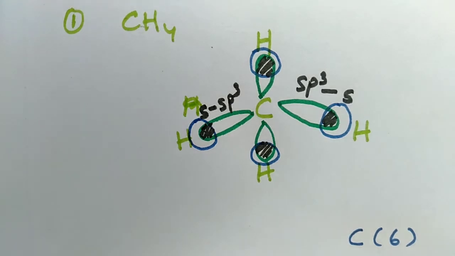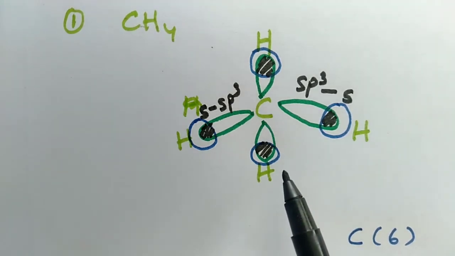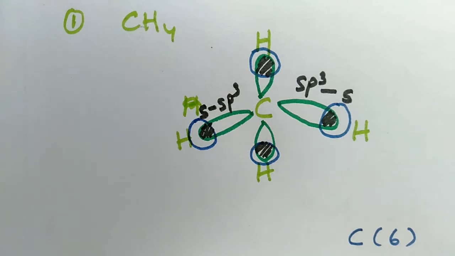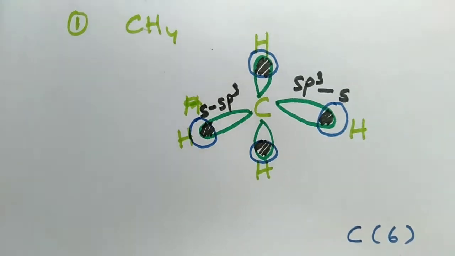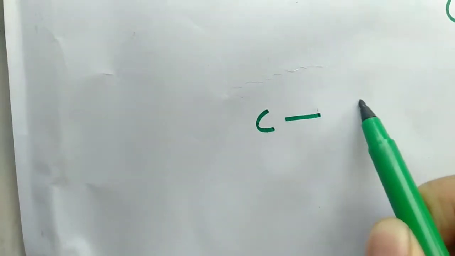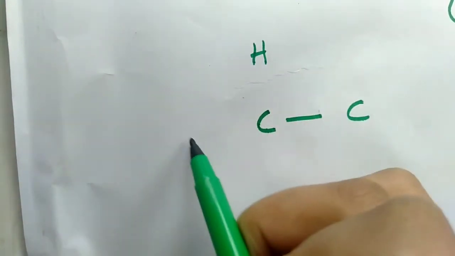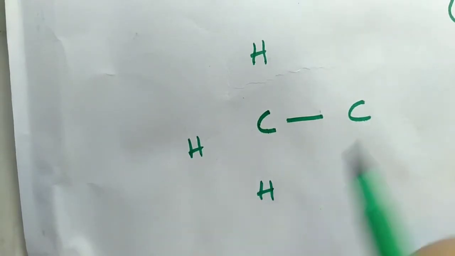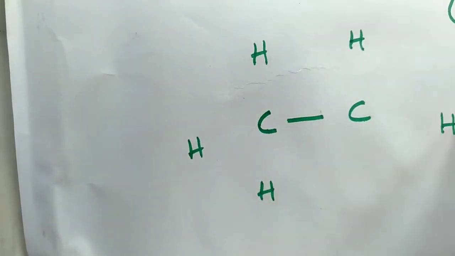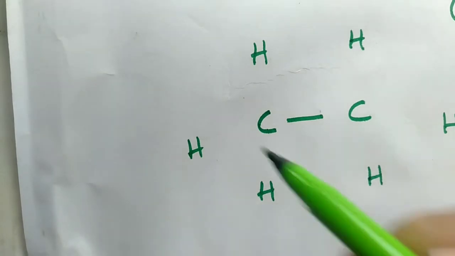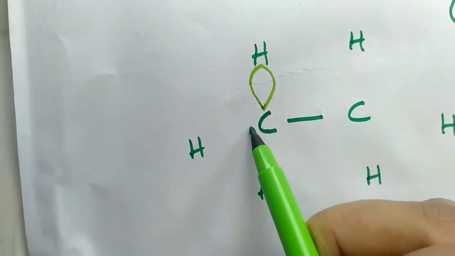In the same way, if you have known how to draw the orbital structure for methane, you can easily draw it for ethane too. Let me show it here. Now I'm going to show for ethane. So we have carbon, carbon, hydrogen, hydrogen, hydrogen, draw the sp3 hybrid orbitals.